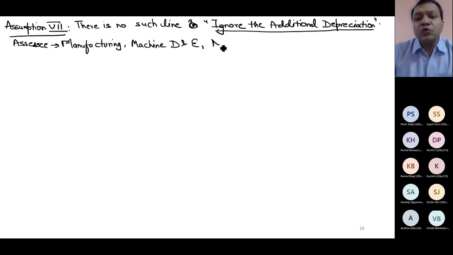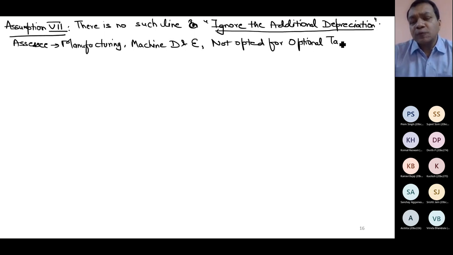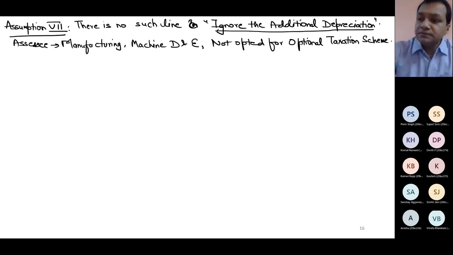Further assume I have not opted for the optional taxation scheme. Why am I assuming these things? Because all these things are necessary to make sure that additional depreciation will be given. For additional depreciation, you must be a manufacturer.